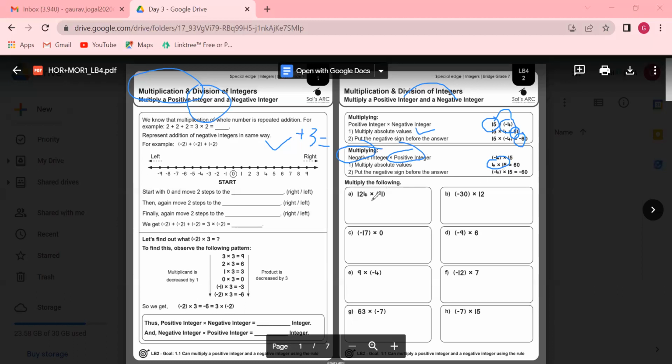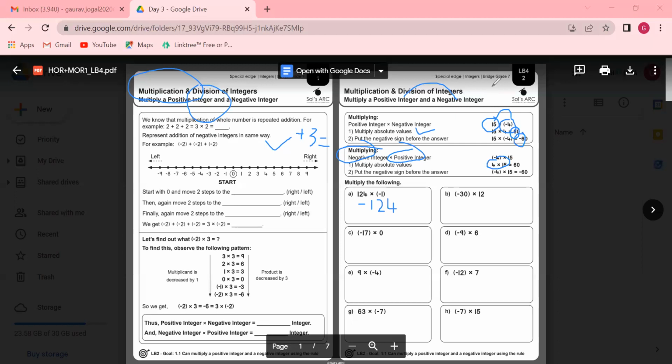So if I do here 124 into 1, first I'll just do 124 into 1, which is 124. Here 124 is plus and 1 is minus. I will put minus 124. Okay, always remember this. If there is a positive and a negative integer, we'll put negative.